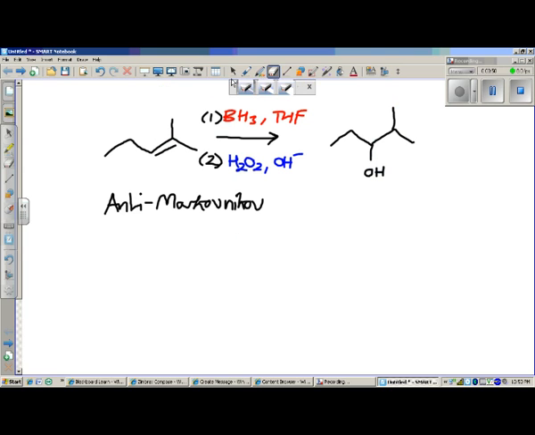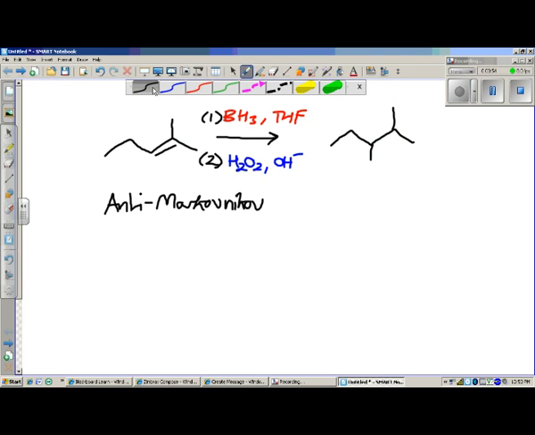Alright, and if I did this properly I would have drawn that in blue, just so you can see that the alcohol actually adds here, and the hydrogen, which originally comes from the BH3, adds here. So opposite to the normal Markovnikov regiochemistry.